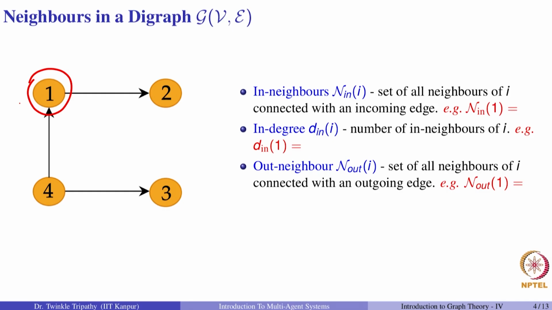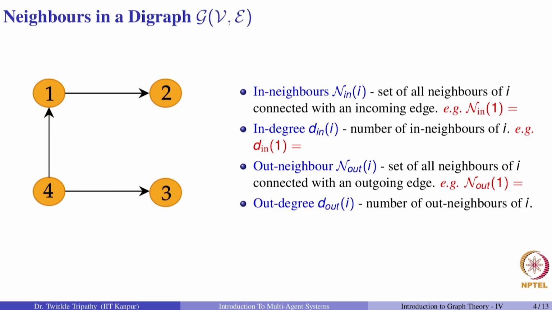Node number 1 has only one outgoing edge and it is to node number 2. Hence, it looks like this. Similarly, we can define the out degree associated with a vertex as nothing but the number of out neighbors a vertex has. Meaning, again, it has only one outgoing edge, so this becomes equal to 1.